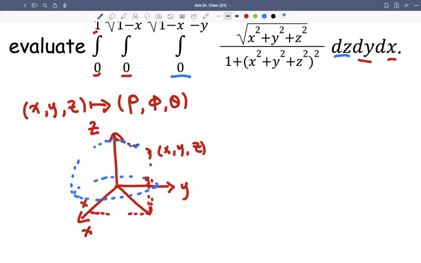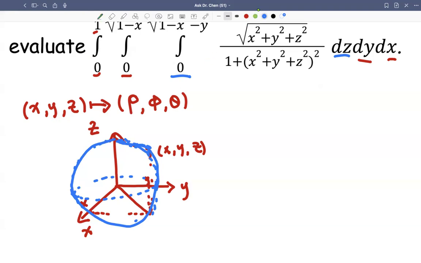We think of this point as a point on the ball. It's a bad drawing, but just imagine this point, we look at it as a point on the ball. So we use spherical coordinates.